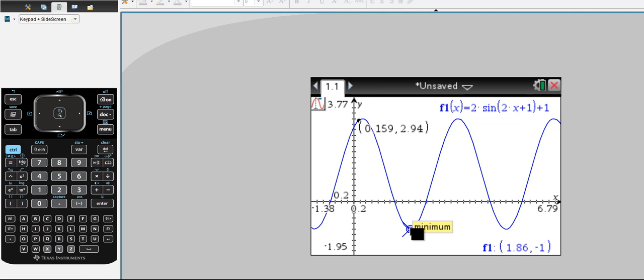If we keep going to the right, 2.38, 2.52, etc., the y value is getting bigger. So it's increasing until we reach the maximum. Now if we keep going here, the y value is decreasing, or f of x is decreasing until we reach the minimum, and now we're out of range.